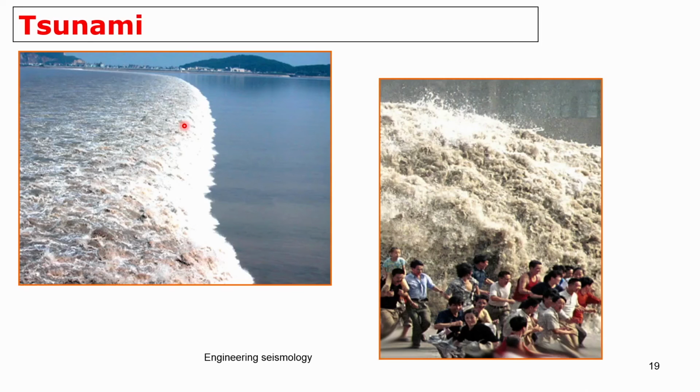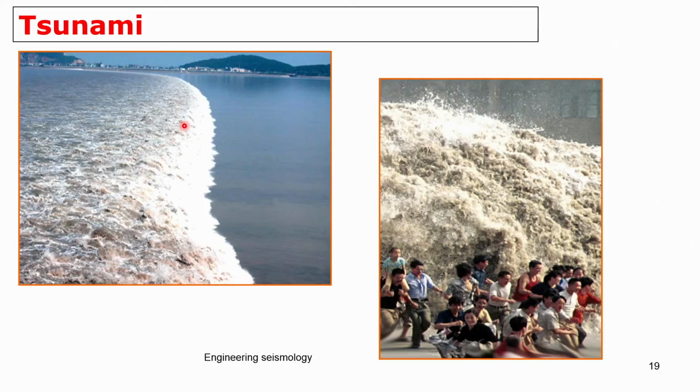That energy carried by the water, when it reaches the shore, where the depth is less, needs to be compensated, so the wave increases its height, the wave amplitude or wave height. That wave hits people who are near the seashore or big water bodies, and causes a lot of damage and loss of life. This is the typical tsunami.